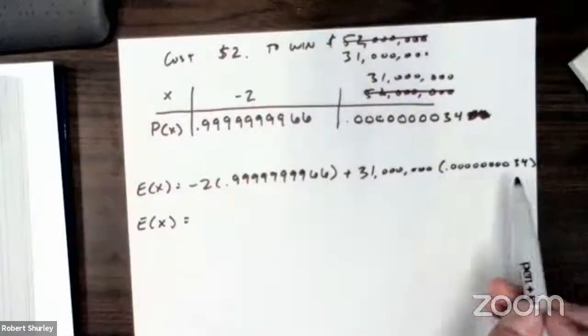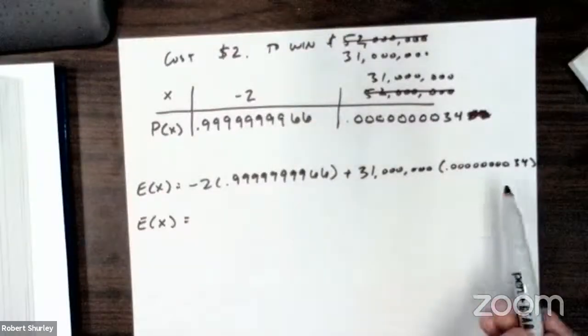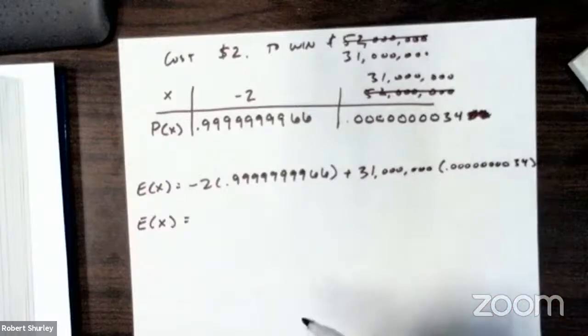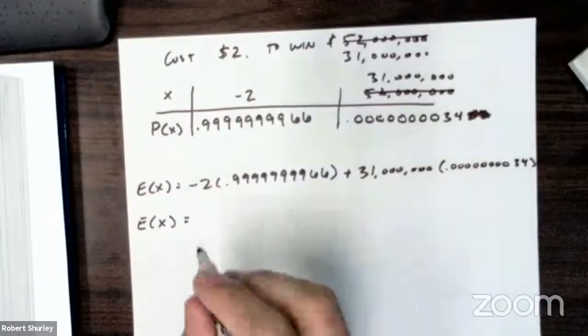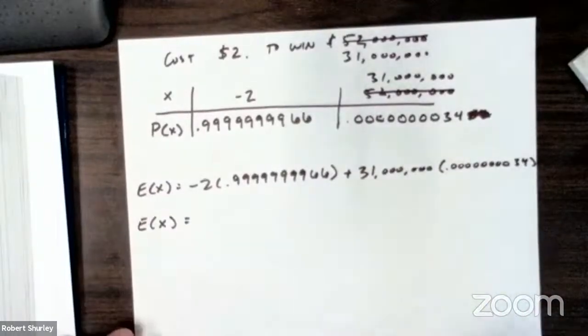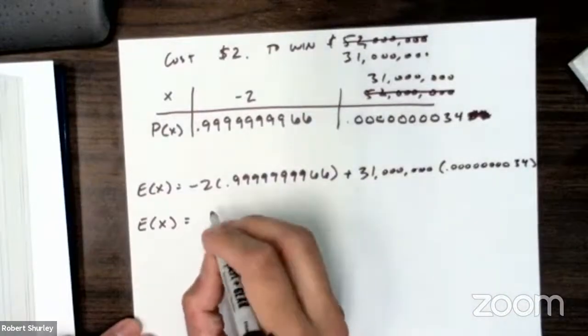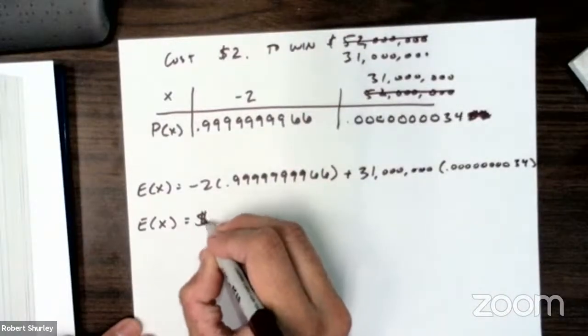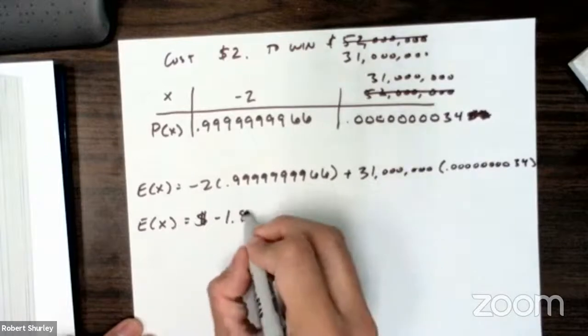I took off the 2 2s, so these the two 34 and the 66. Okay, gotcha. Never mind. No, you leave the 66. So it's just take off the 2 2s at the end. And then I'm going to round it to the penny because the expected value is coming back in dollars. -1.89.